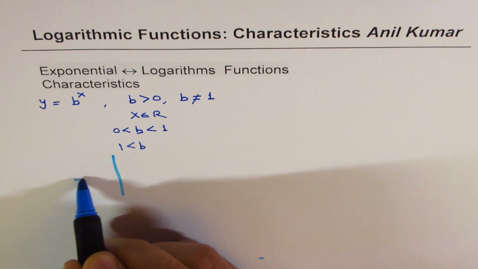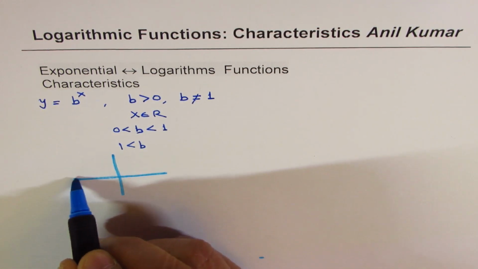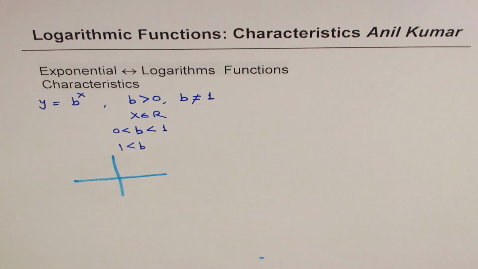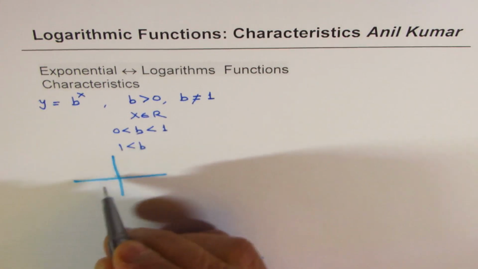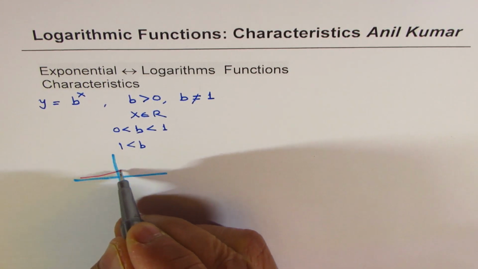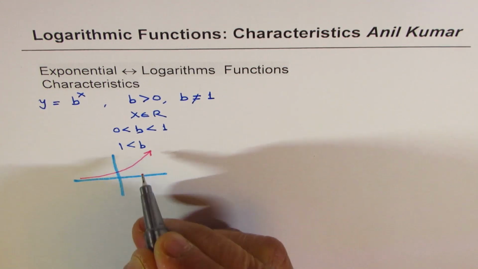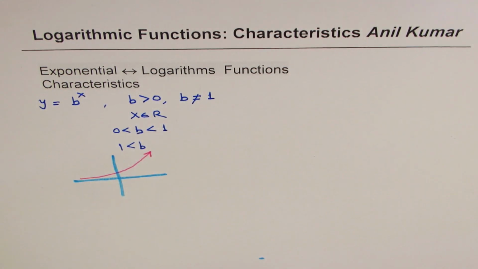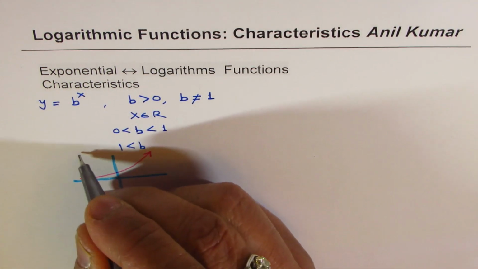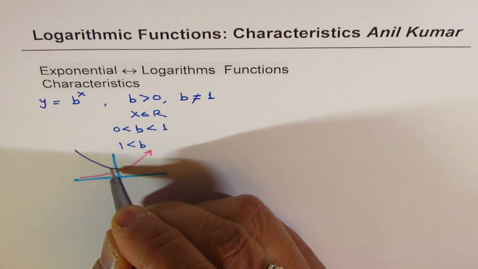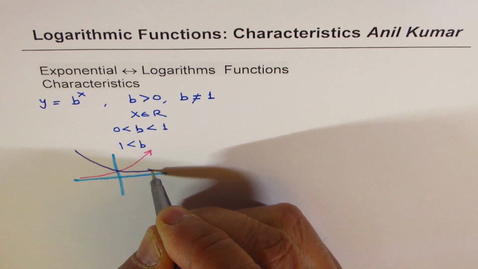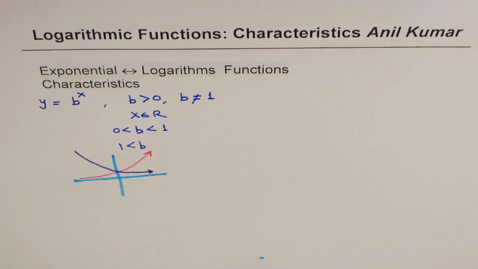So let me sketch these here. When b is greater than 1, it is increasing, we call it exponential growth, which will look like this. And if b is less than 1, then we have exponential decay, which is going to come like this. Correct? So these are two graphs.